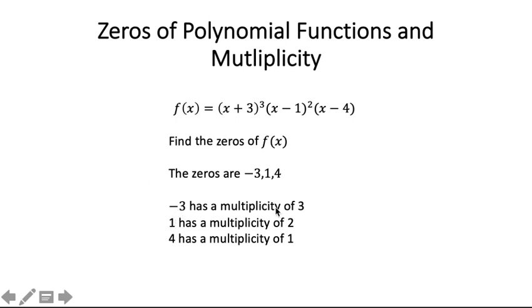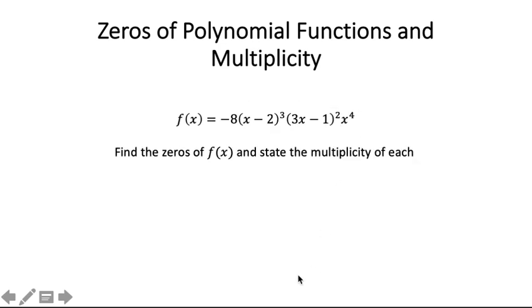Negative 3 has a multiplicity of 3 because that's the power on that factor, the exponent on the factor. 1 has a multiplicity of 2. And 4 has a multiplicity of 1. If you don't see an exponent, remember, it's assumed to be 1.